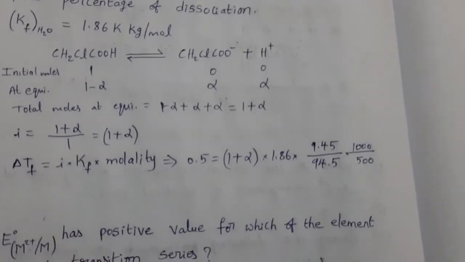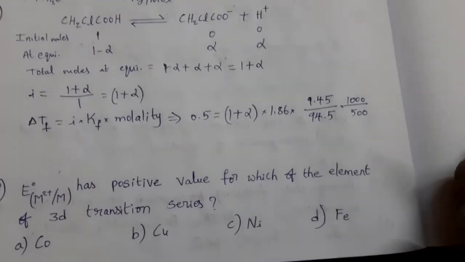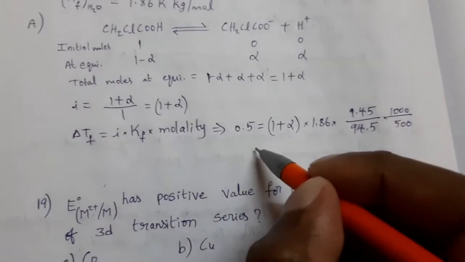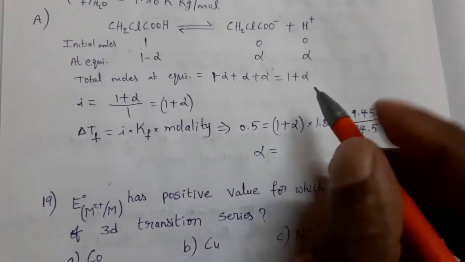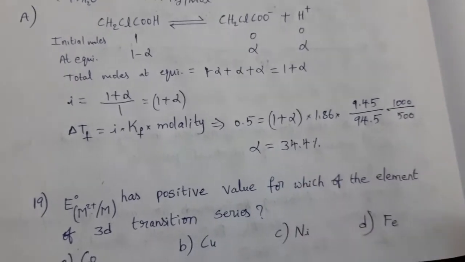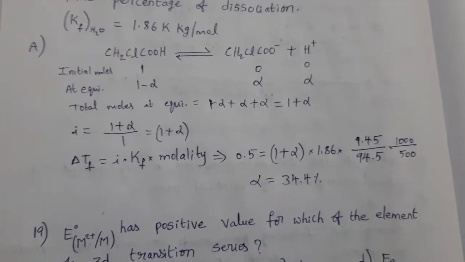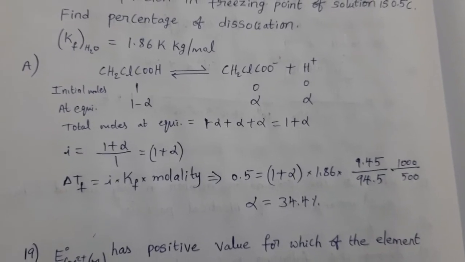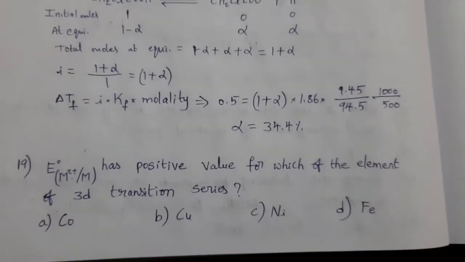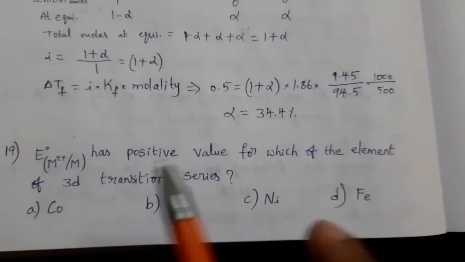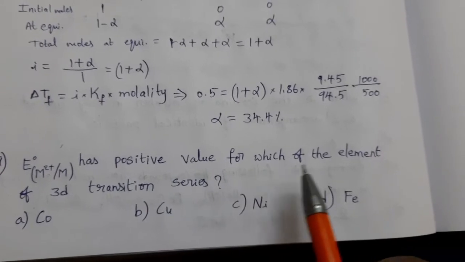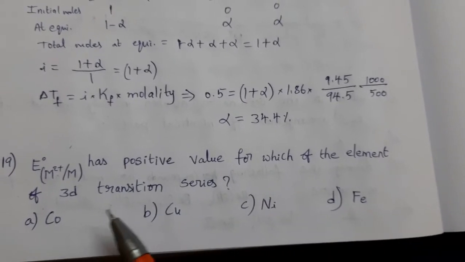So 500 grams we convert into kilograms, so we multiply with 1000. From this, alpha equals 34.4%. The percentage of dissociation of the given acid is 34.4%.